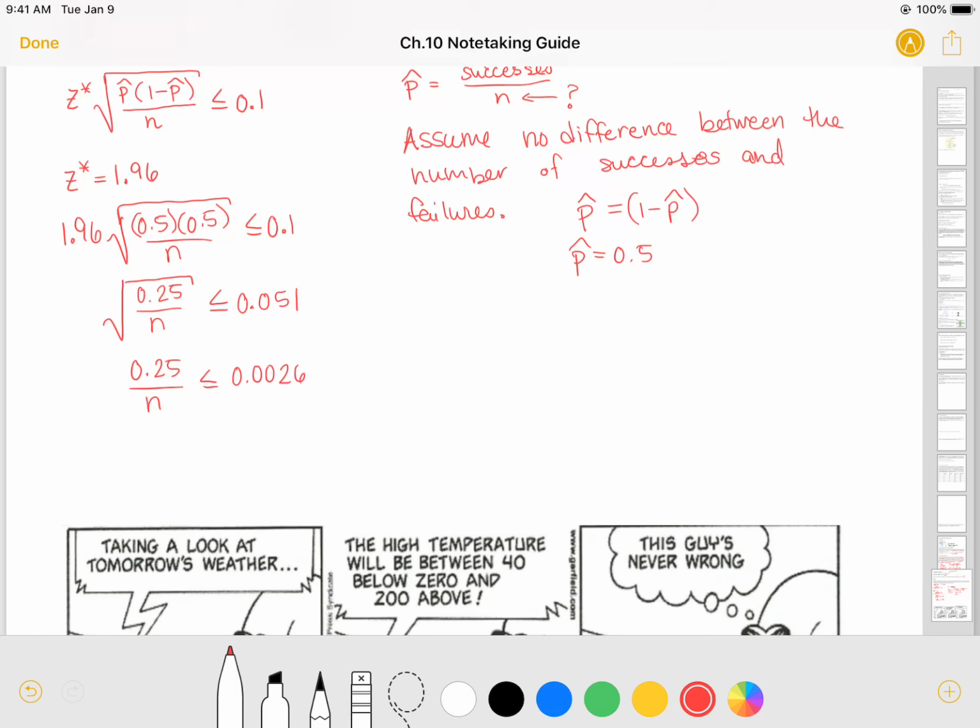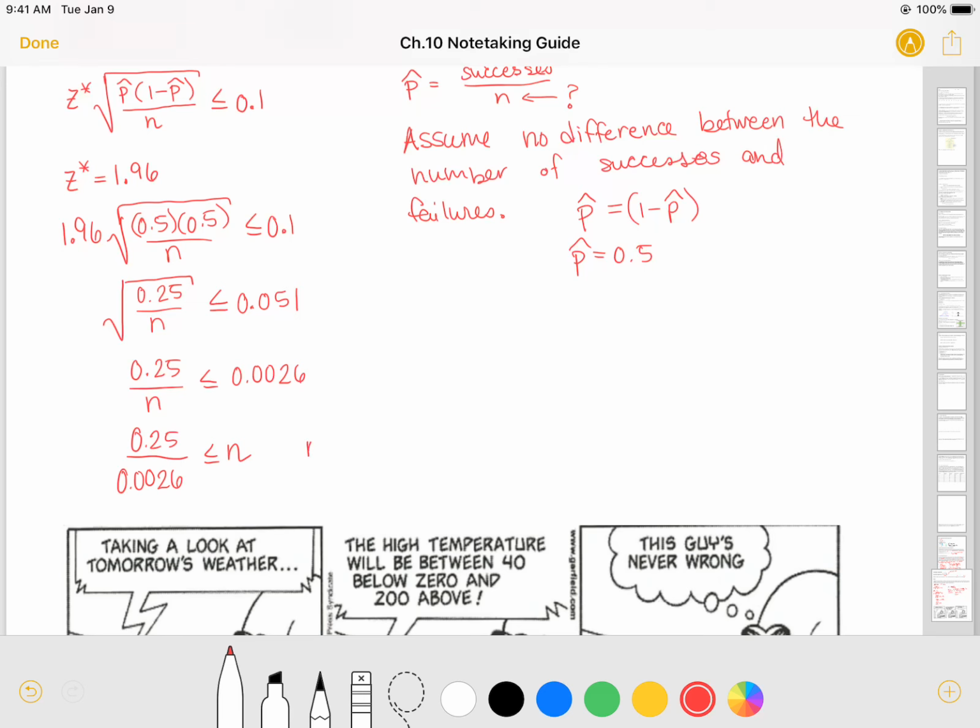You can do this a couple ways, but technically you would multiply both sides by n and then divide by 0.0026. So I'm going to rewrite it: 0.25 divided by 0.0026 is less than or equal to n.